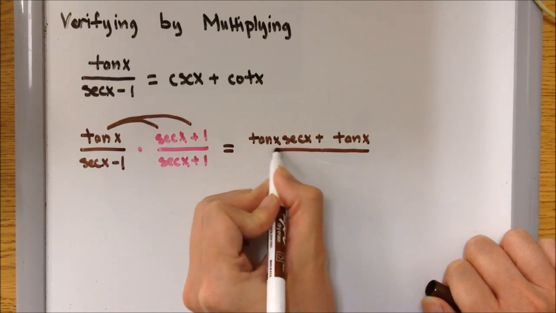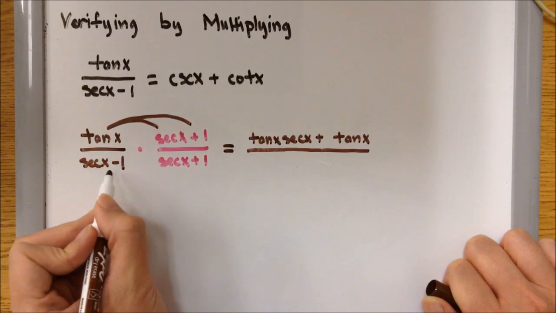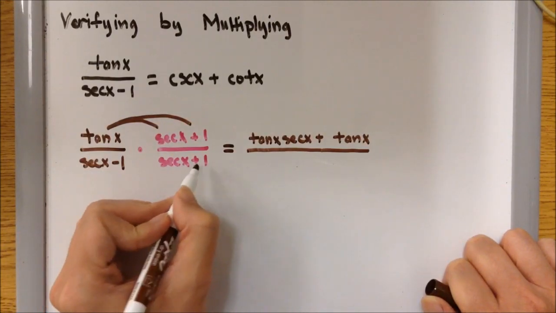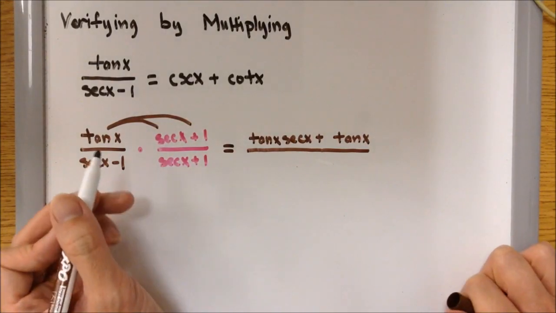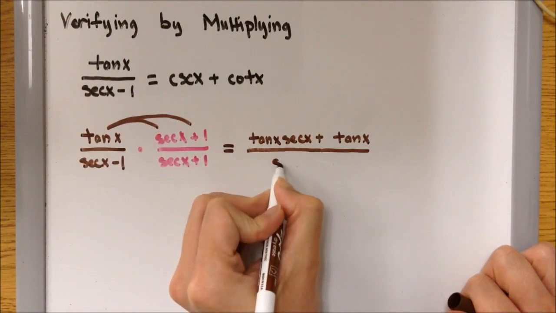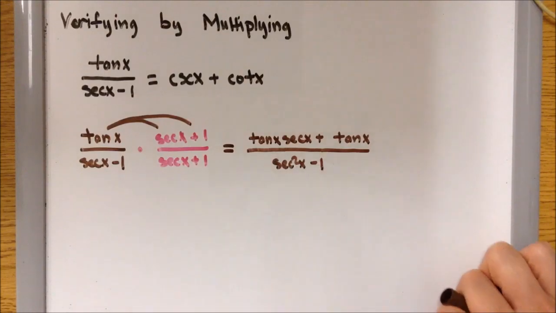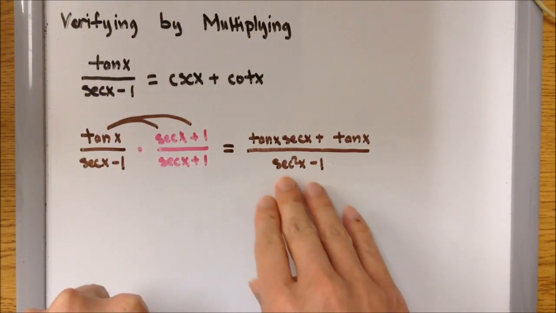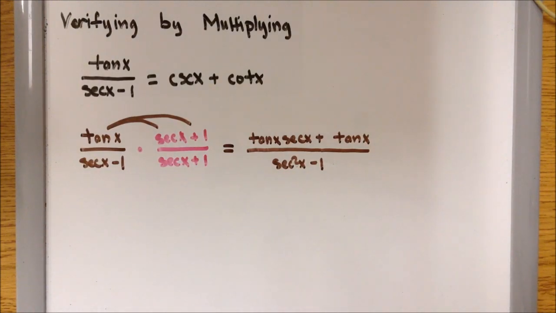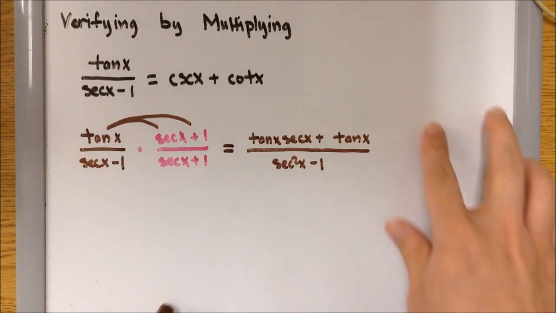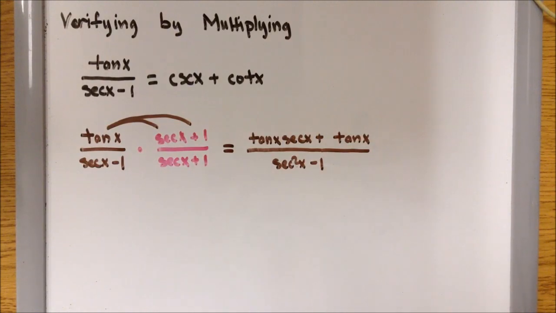Over the whole thing. Now, secant of x minus 1 times secant of x plus 1, you have to FOIL. And when you FOIL, you have secant square x minus 1. I would suggest that you write it out to make sure you get it properly when you're FOILing. So again, when you multiply, FOIL it out so that you make sure you get the correct terms.